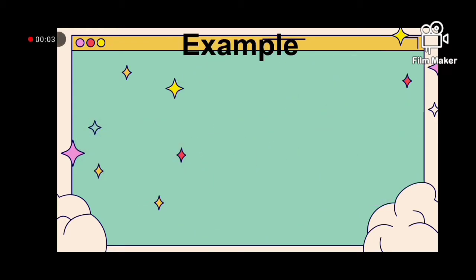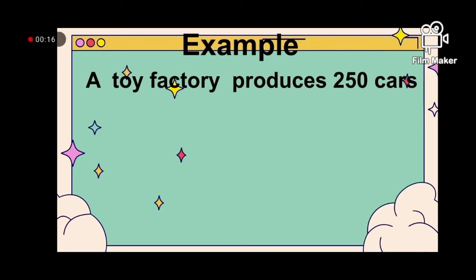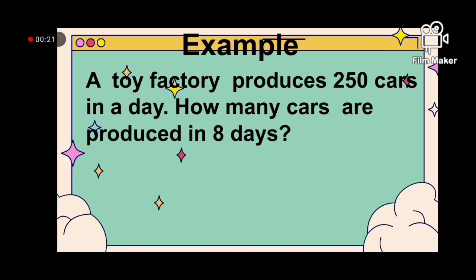I am taking some examples to explain the unitary method. These examples help you to understand the concept well. The first example is: a toy factory produces 250 cars in a day.